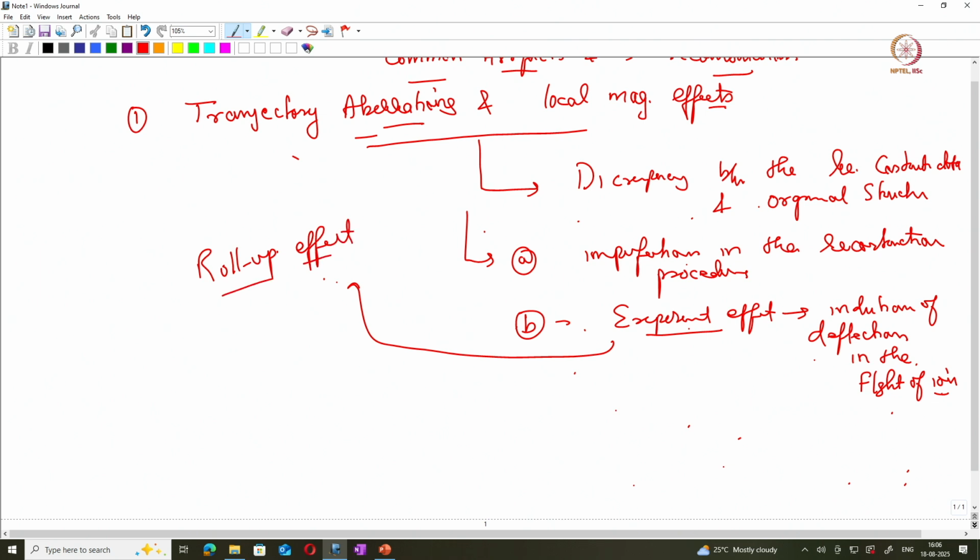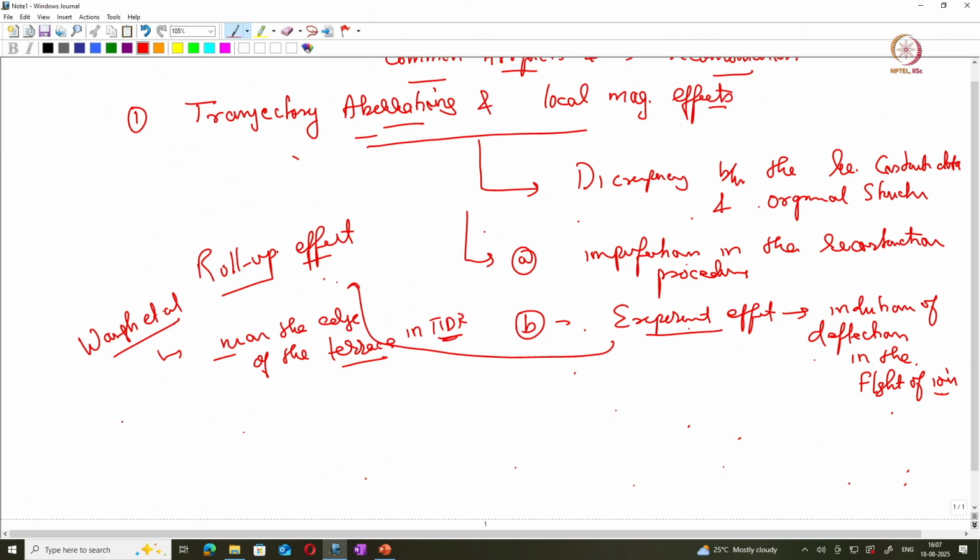And Wolf et al. have described that these artifacts due to the roll-up effect are usually observed near the edge of any terrace in FDM.